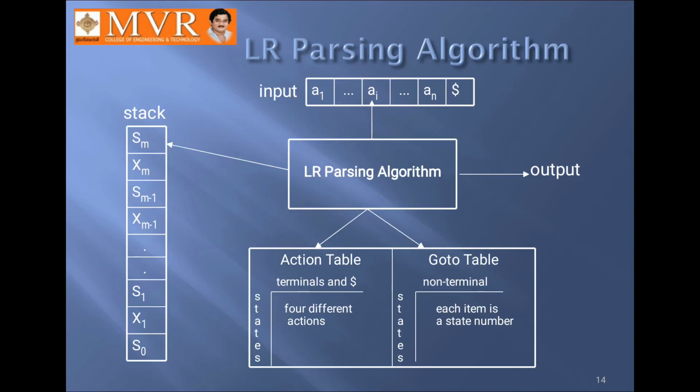In the reduce step, the parser finds a complete grammar rule and replaces it. This occurs when the top of the stack contains a handle to reduce, and a pop is performed on the stack, which pops off the handle and replaces it with the LHS non-terminal symbol.